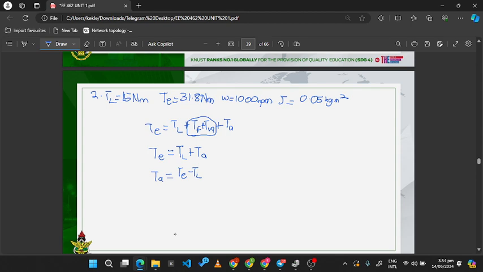And then the formula for the accelerating torque is the moment of inertia multiplied by the acceleration, which is d omega by dt.